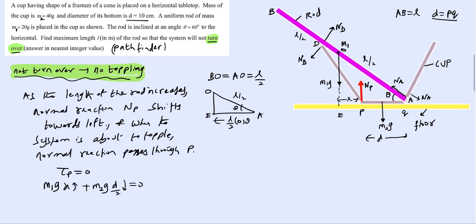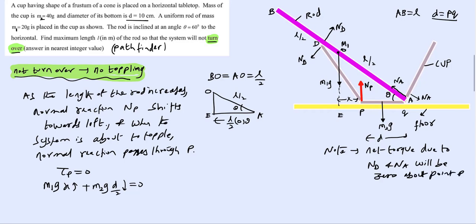So we'll write here, note: net torque will be 0 about point P.